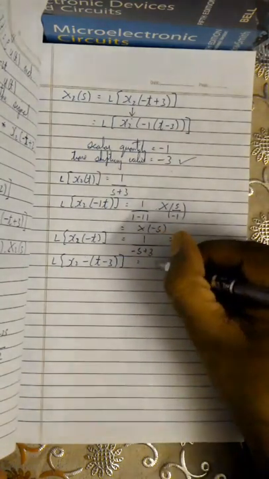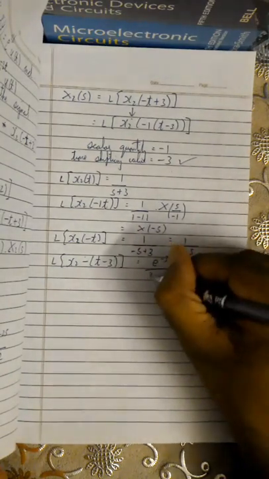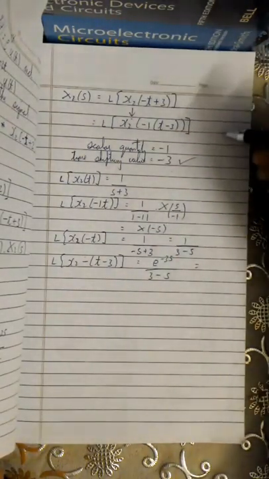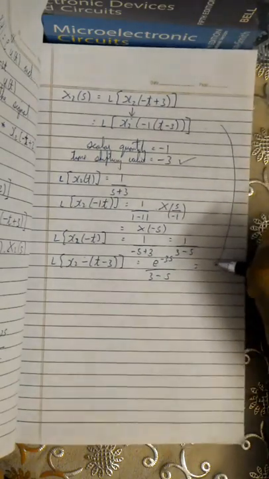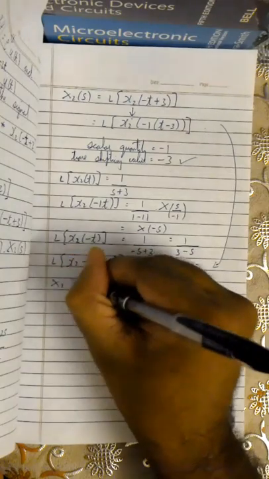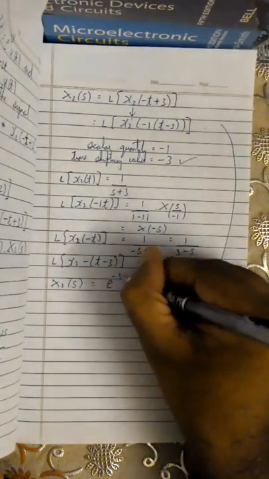So this will become e raised to minus 3s by 3 minus s. So I have found X2(s), which is nothing but e raised to minus 3s by 3 minus s.